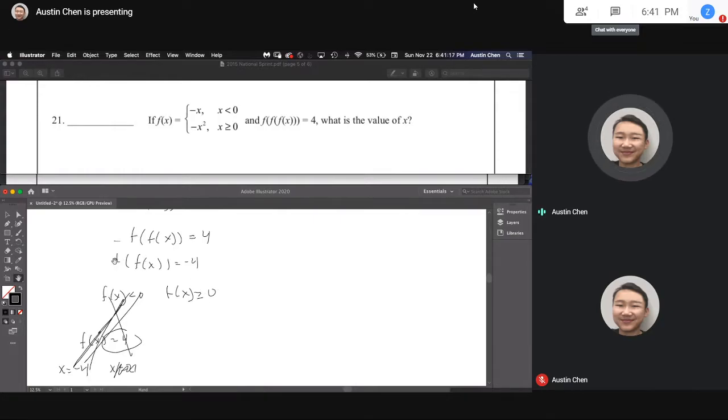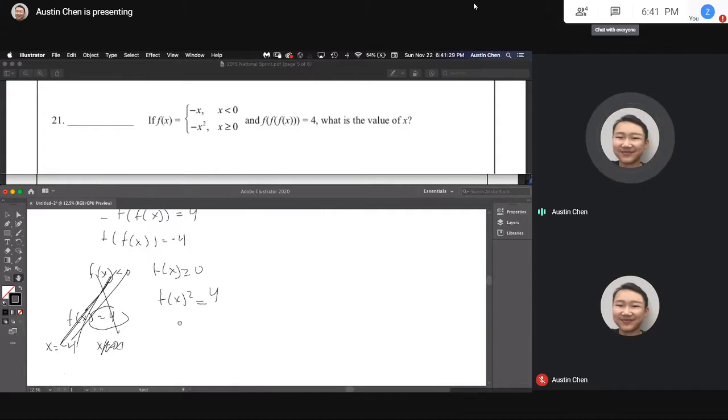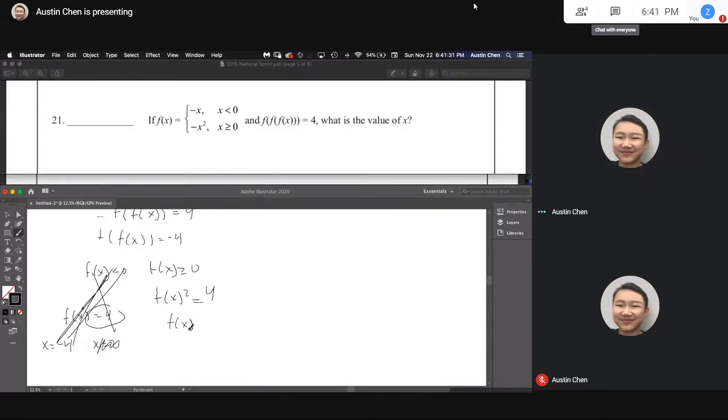So then this second half will apply the negative x squared onto it. So then it's saying f of x squared equals what? Equals 4. So then f of x can equal 2 or negative 2. But f of x has to be greater than or equal to 0 from this condition, right? So then f of x just equals 2.